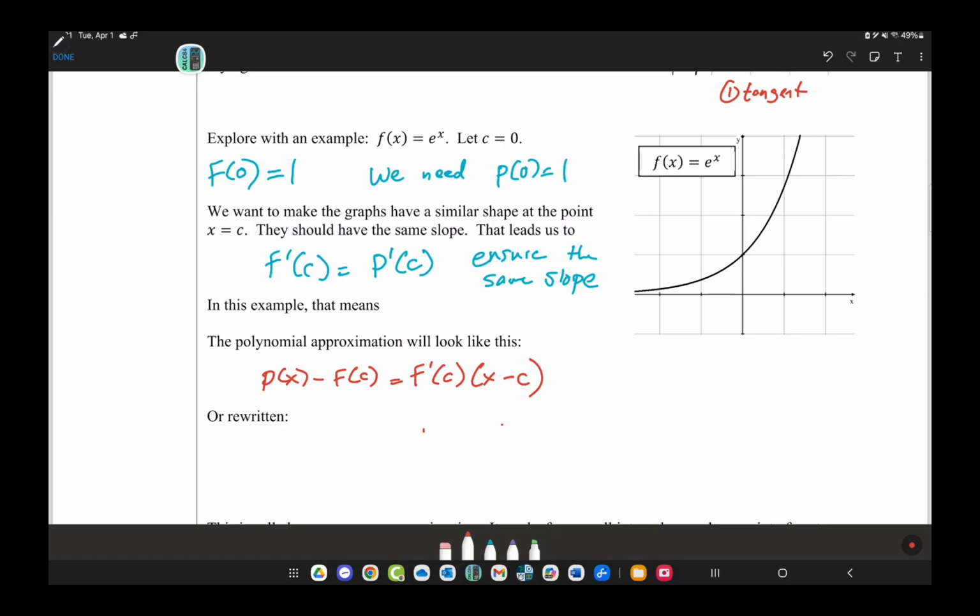What does this look like? Oh, point slope form. We have y minus y1 equals slope times x minus x1.